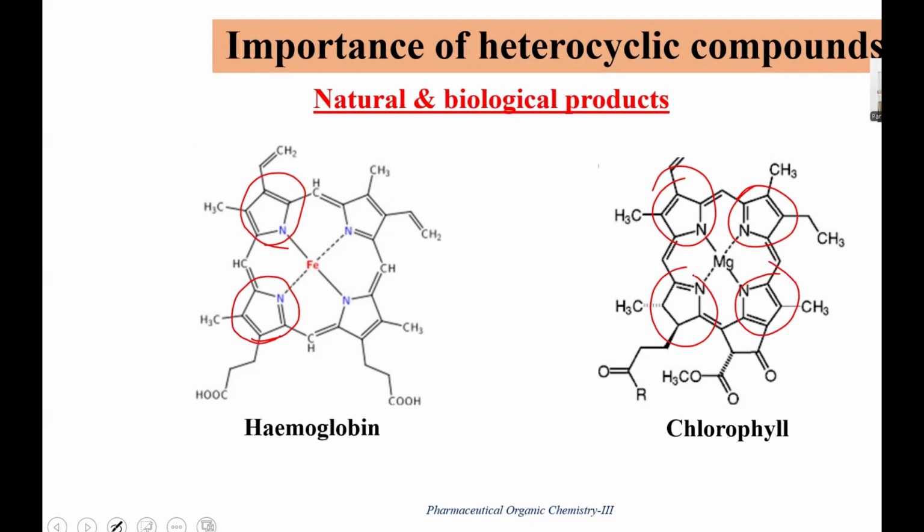This porphyrin ring system is complexed with iron in case of hemoglobin, and consists of magnesium metal in its core in case of chlorophyll. So that is how several vitamins, antibiotics such as penicillin and cephalosporins, and natural products such as hemoglobin and chlorophyll have heterocyclic rings in their structure.